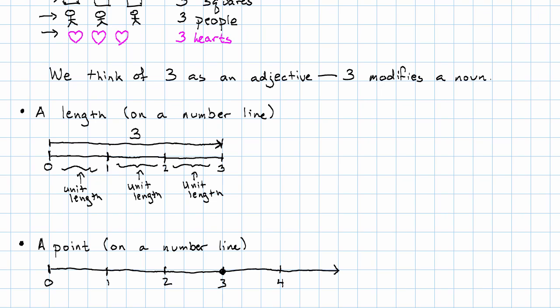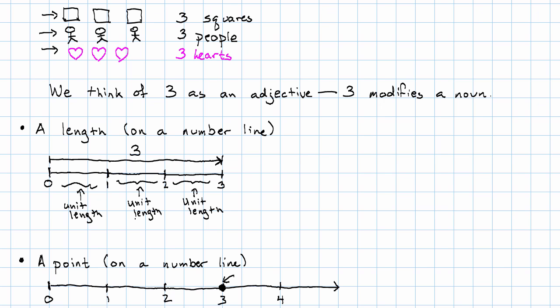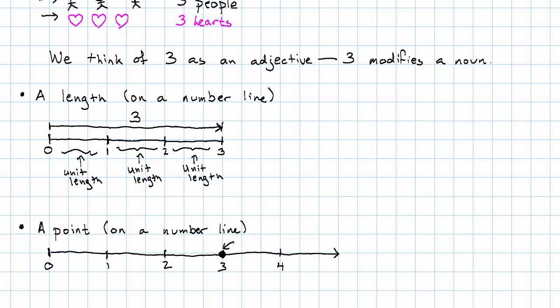I can think of this point on this number line as also being 3. So I can think of 3 as representing 3 things, a length that is 3 long, or just a single point along the number line whose distance from 0 is 3 and that lies to the right.